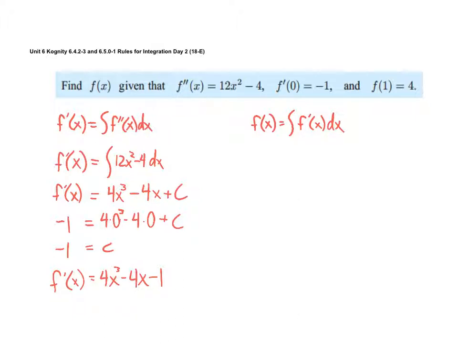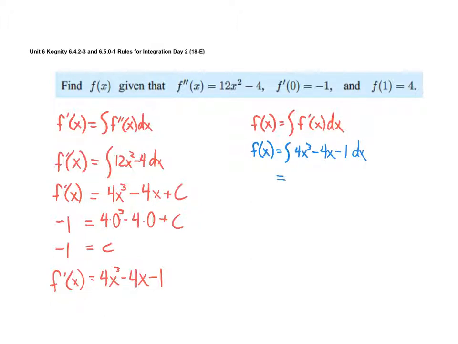So now we just take the integral of that. F of x is the integral of 4x cubed minus 4x minus 1 dx.